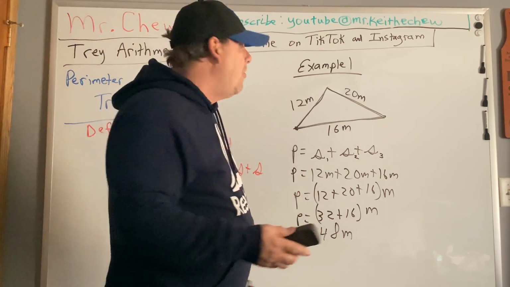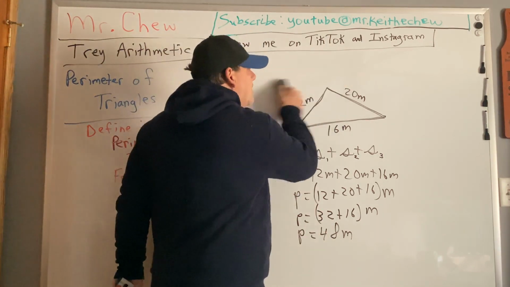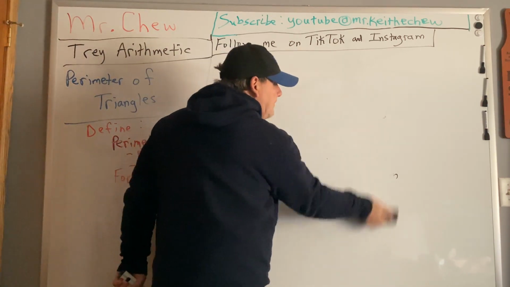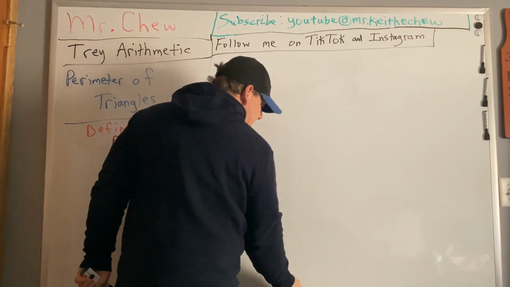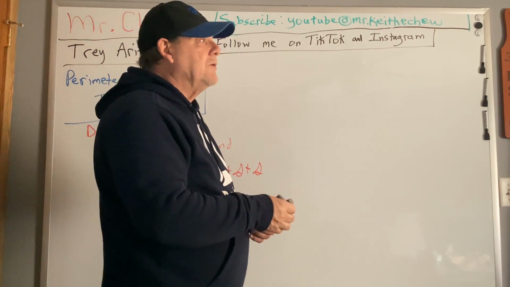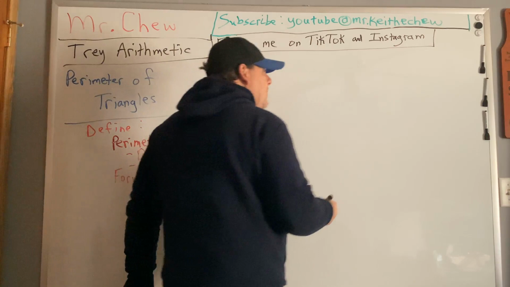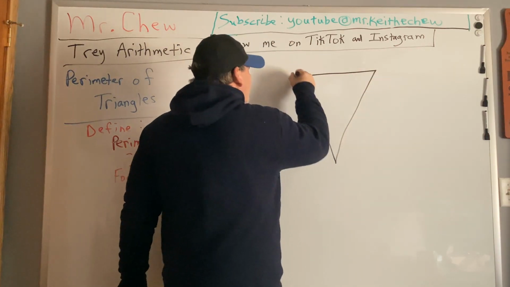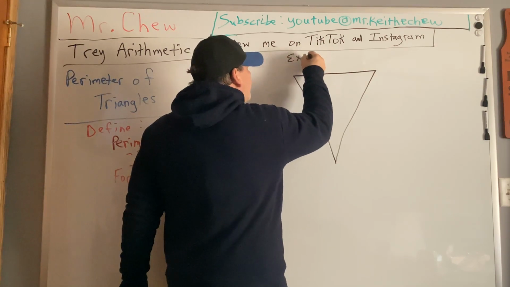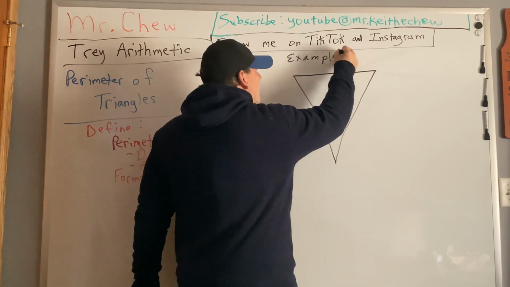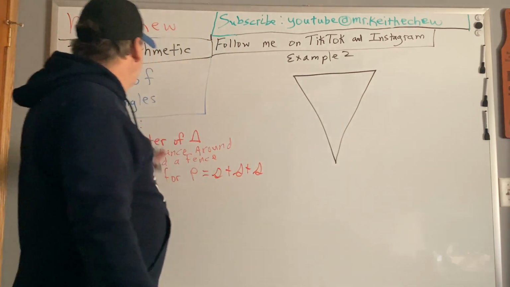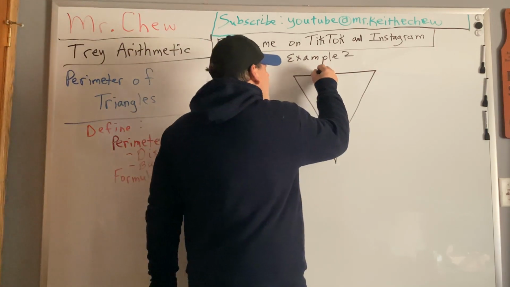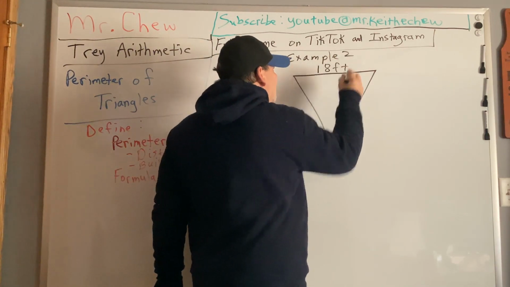Example 2 is a little bit harder because we want you to understand that when you're dealing with triangles, there are different types of triangles that sometimes will affect the way that your problem is worked. So, this is example 2 of the perimeter of triangles. I'm told that this side length up here is 18 feet.